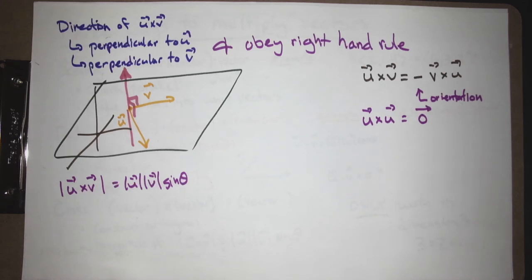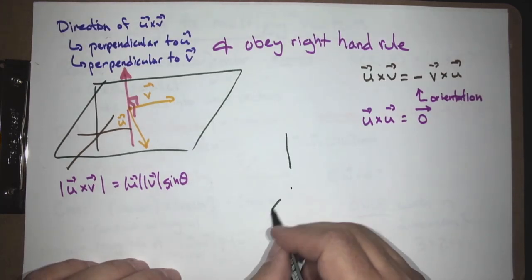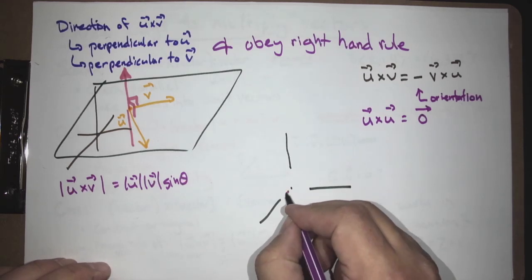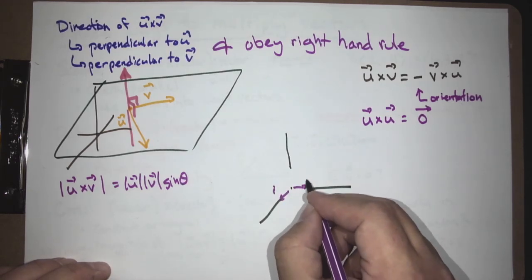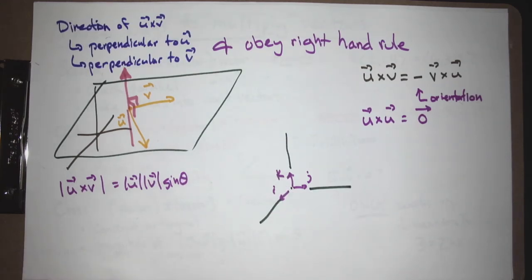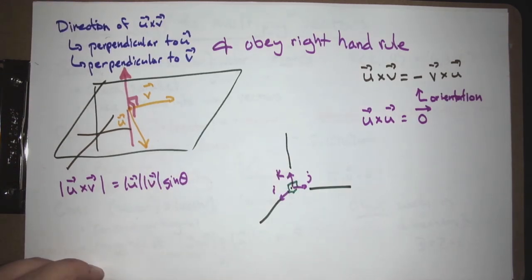So let's talk about 3 very nice vectors. We've mentioned these before, and these are our i, our j, and our k. So those are unit vectors. Now, what's nice about i, j, and k? They're all perpendicular to each other, because they point in the x direction, the y direction, and the z direction.